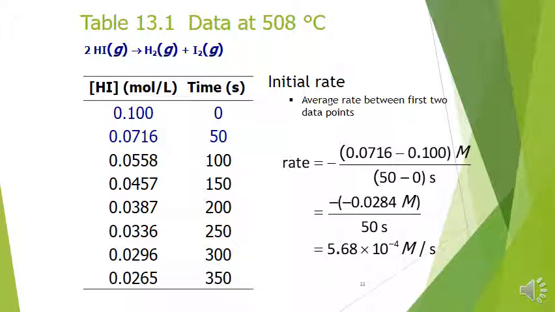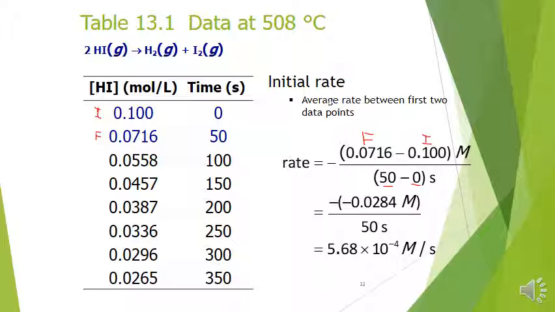Okay, so here's one just using the average method. So here's your initial concentration, here's your final concentration, and here are the times. What you do is take your final concentration, subtract your initial concentration, over your final time minus initial time.